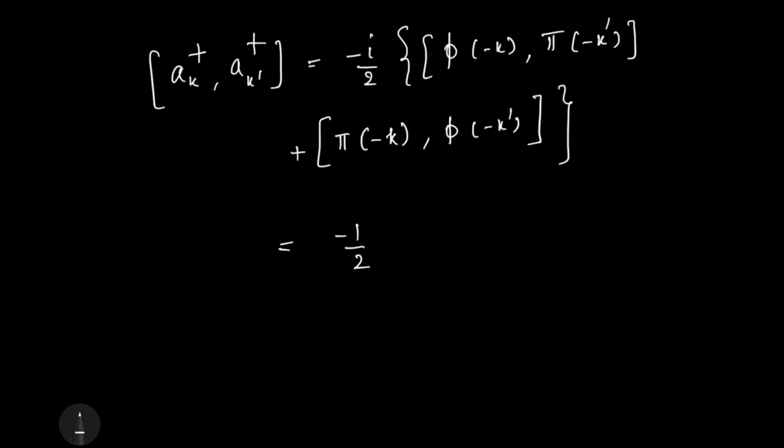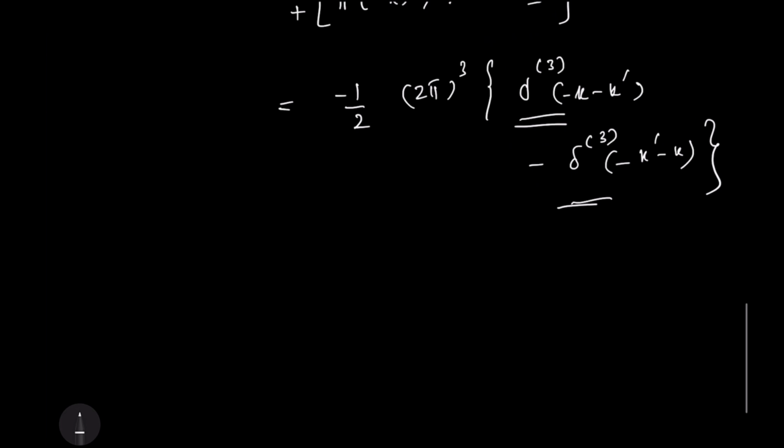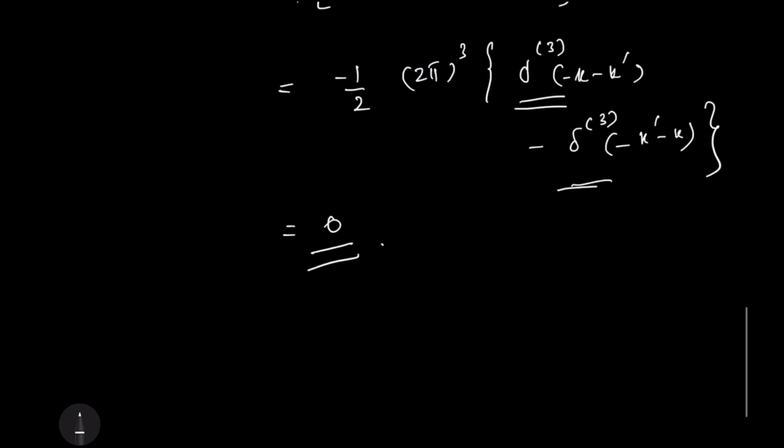Taking i outside, i squared will be minus 1, then 2 pi cube, delta cube (minus k prime minus k) minus delta cube (minus k prime minus k). So here also it is 0.